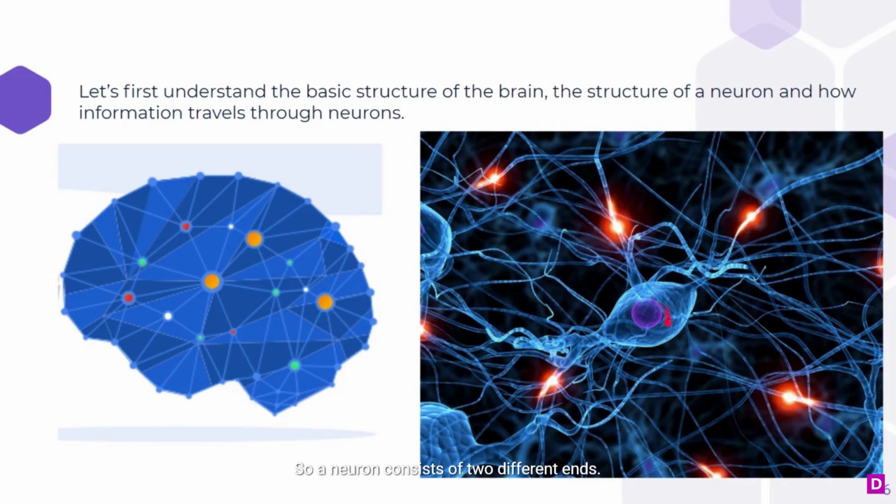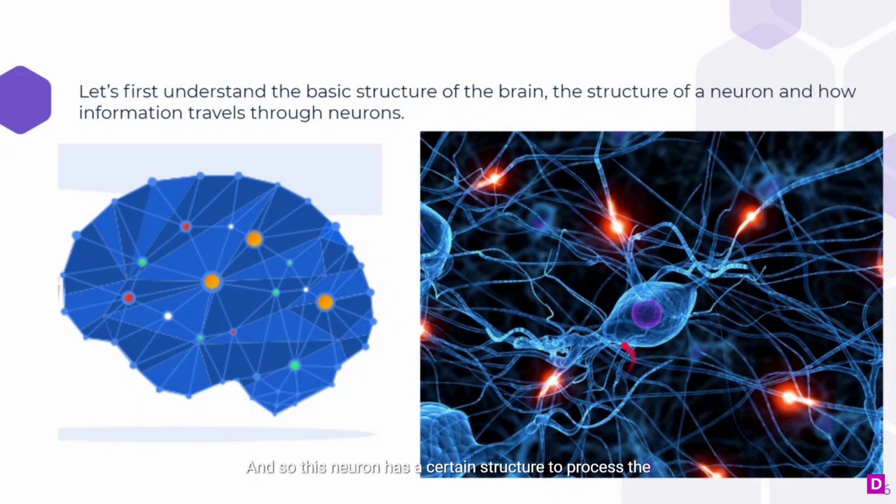A neuron consists of two different ends, on an overview. One is the receiving end, and one is the output end. Let me consider this end as the input end.